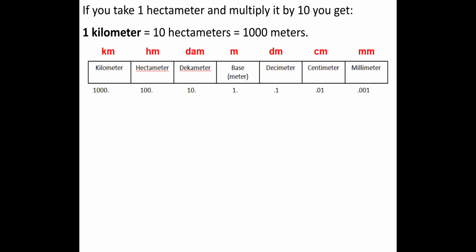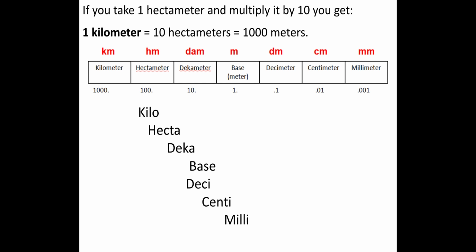So going from a bigger unit to a smaller unit, you expect that number to be very, very large. But if you are converting from a smaller unit, like the millimeter, to a bigger unit, like the decameter, you expect to have a smaller number compared to what you started with because you're going to be dividing.